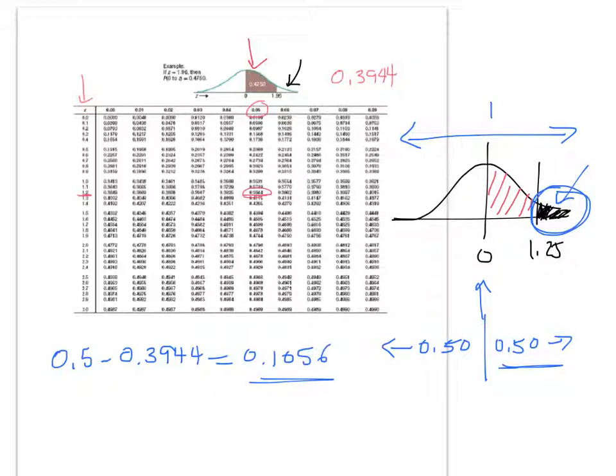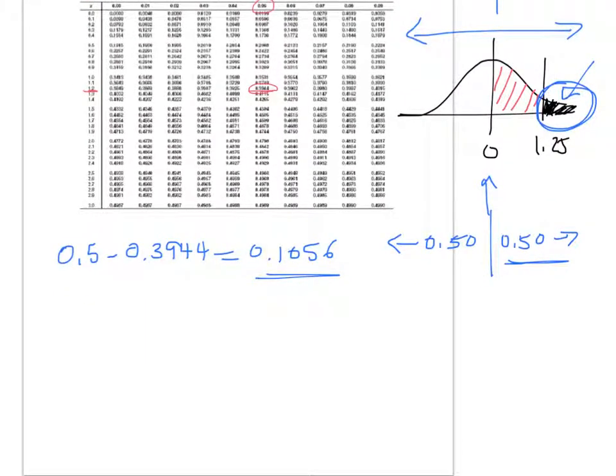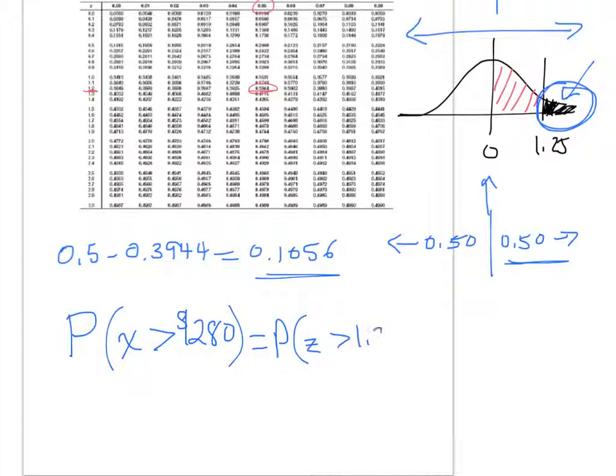So what this actually is, and you normally see it written out this way, is the probability that X is greater than $280, which I found by finding the probability that Z is greater than 1.25, and again I get 0.1056. They say to use this to see how many homes are selling for more than $280.